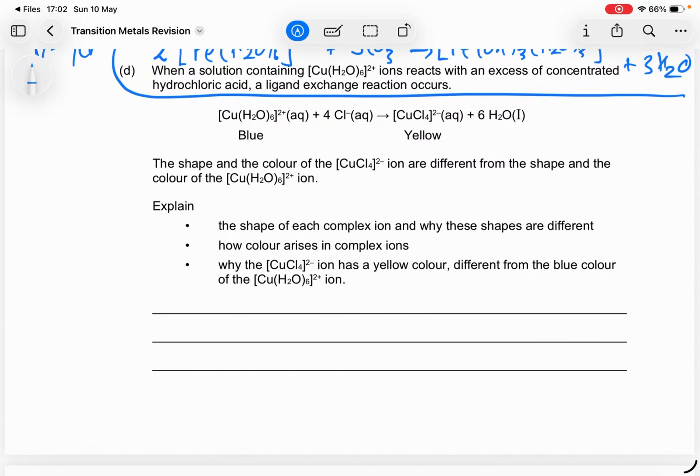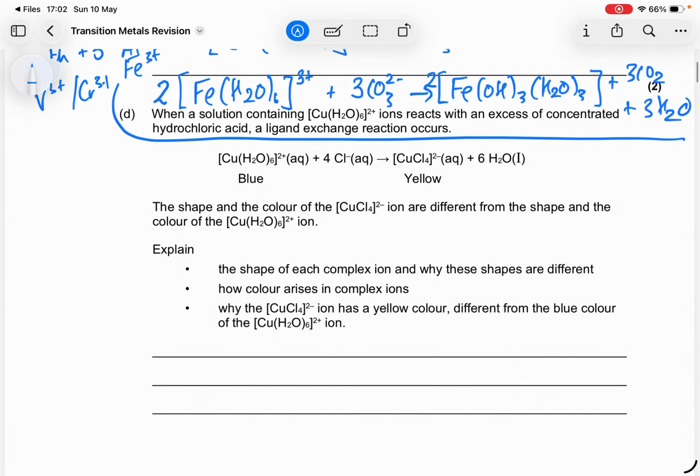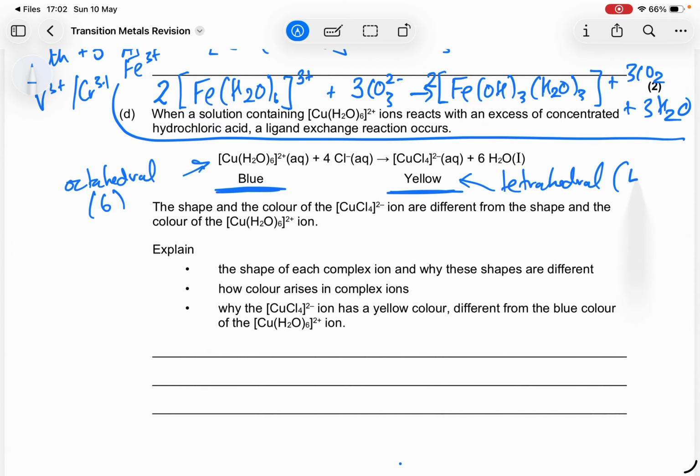Now, 6 markers. This is a 6 marker that you see in front of you. You've got a blue complex and a yellow complex. The blue complex is octahedral with a coordination number of 6, and the yellow one is tetrahedral with a coordination number of 4.